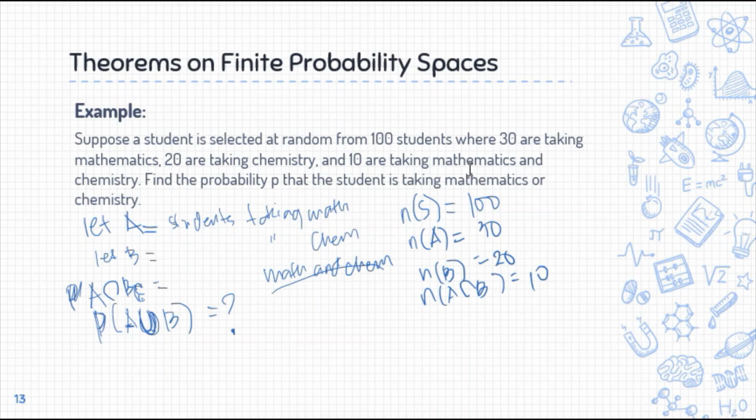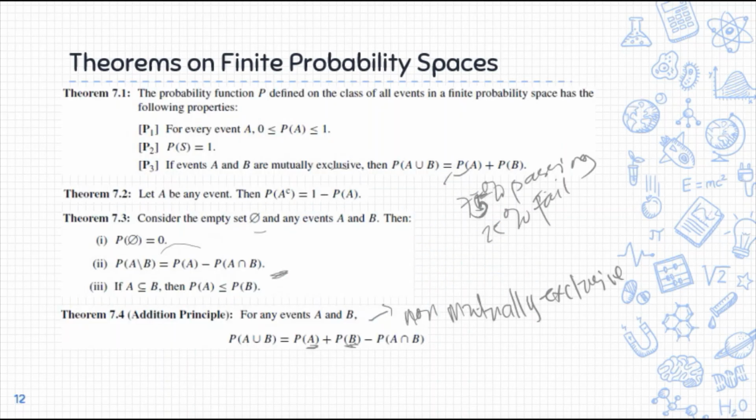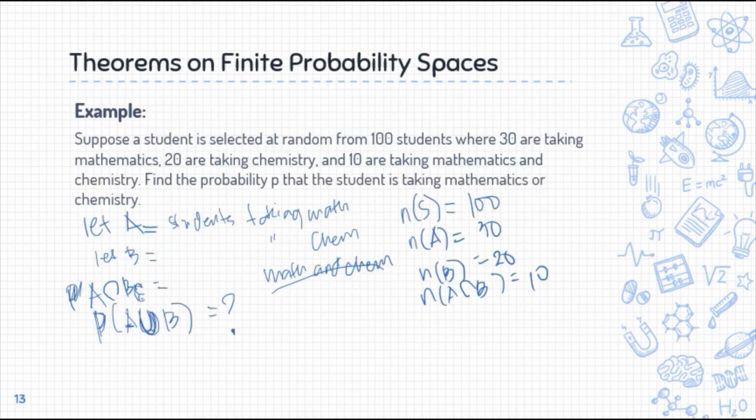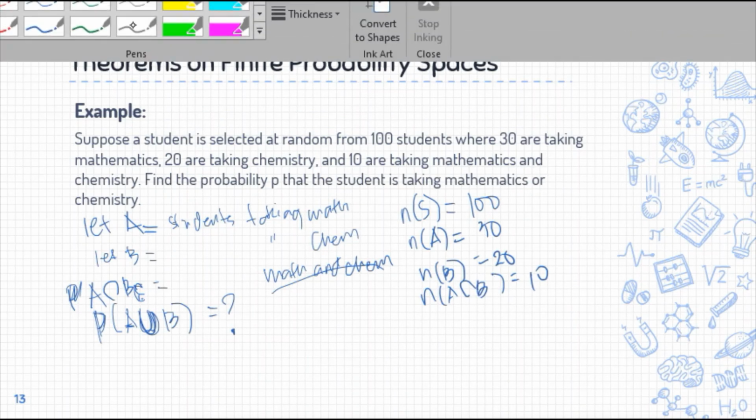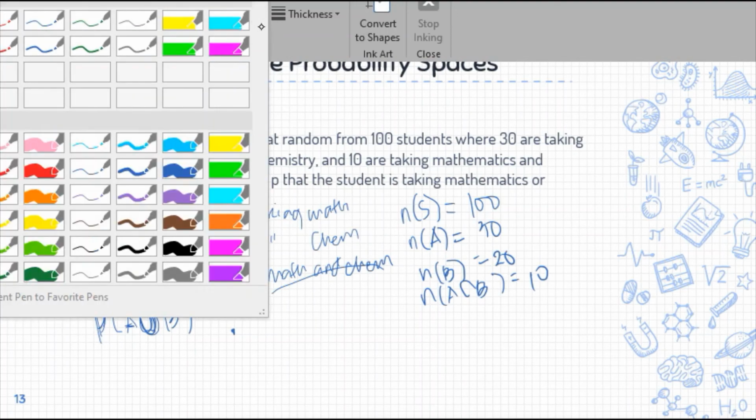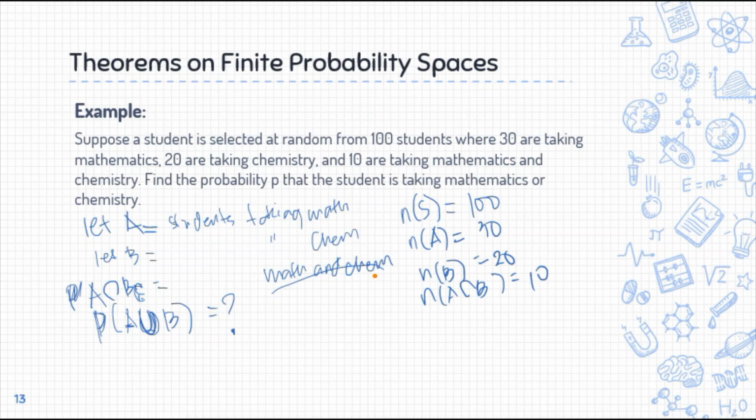No one said that if you take math, you should not take chemistry. So one student can take both math and chemistry. In that case, this is non-mutually exclusive, so the formula at the bottom is the one we will use.